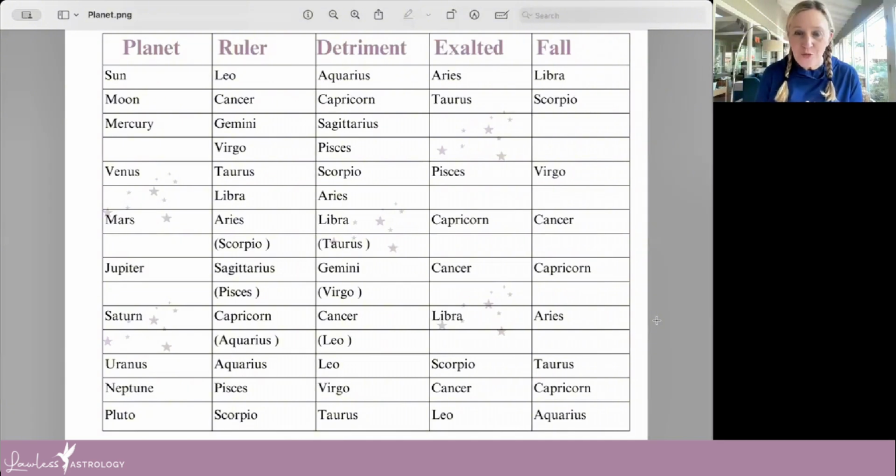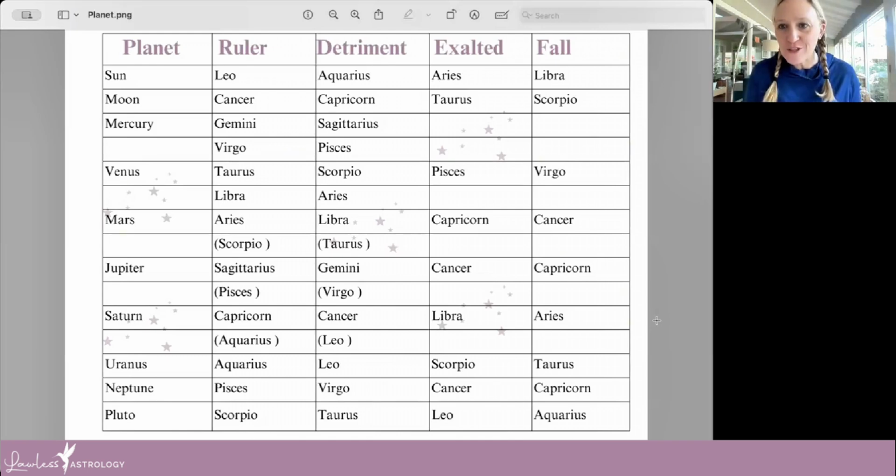Exaltation. So when a planet is in its exaltation, or it's exalted, basically it means it feels special there. So it may not have as much in common, like the sun and Leo have a lot in common, but Aries loves to feel important. Aries loves when people revolve around them, right?